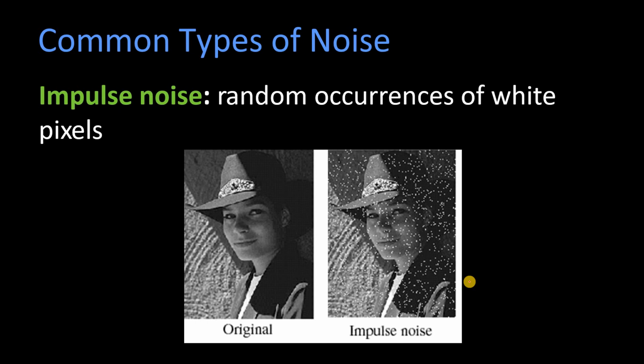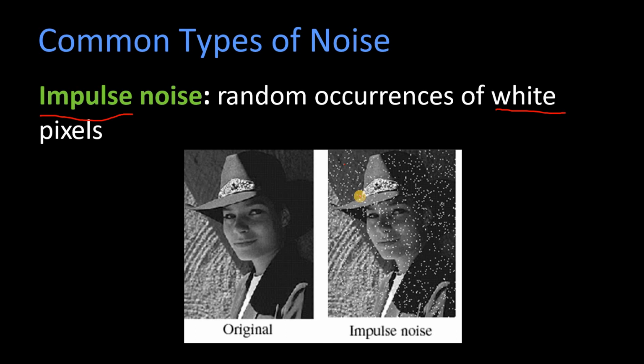Another noise is called impulse noise. Why we give it the name impulse will come in a future chapter when we study impulse. But impulse noise is the one where we have only white dots, a random occurrence of white pixels only. If it is white and black mixed, then it is salt and pepper, but if it is only white, then we call it impulse noise.